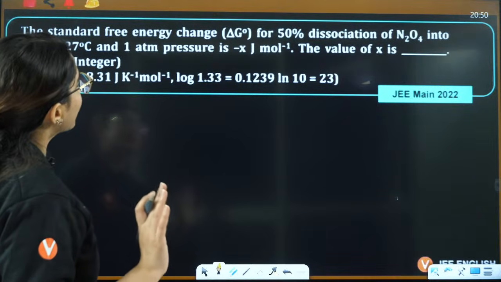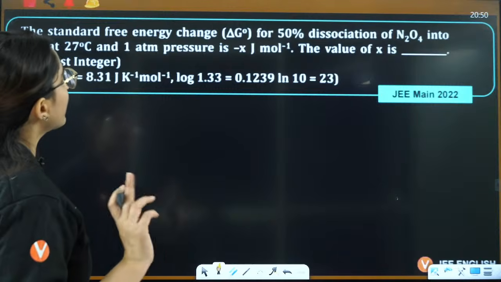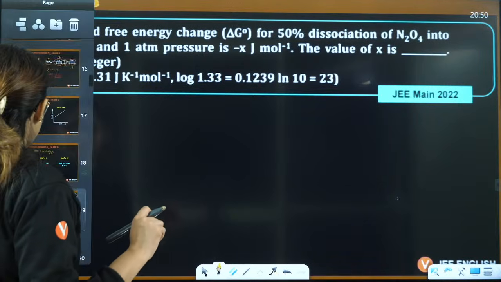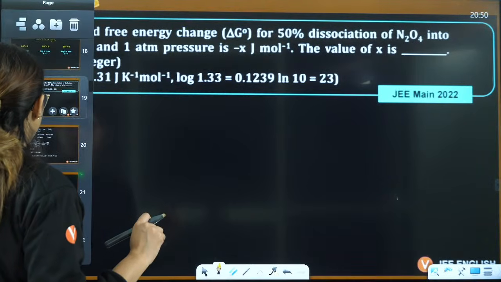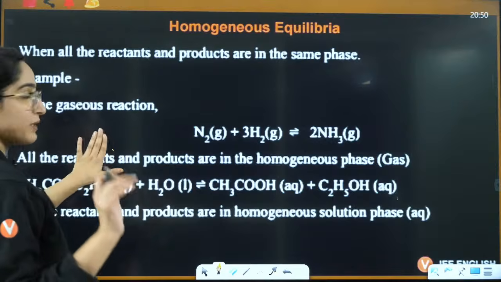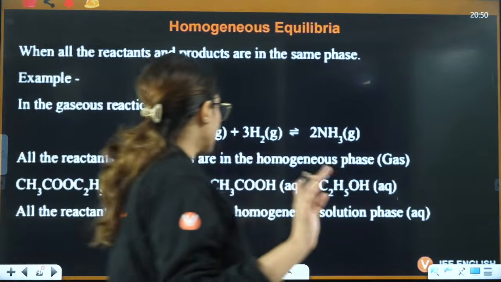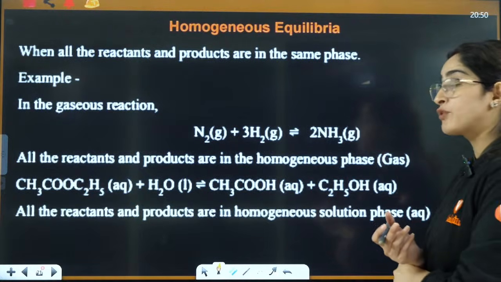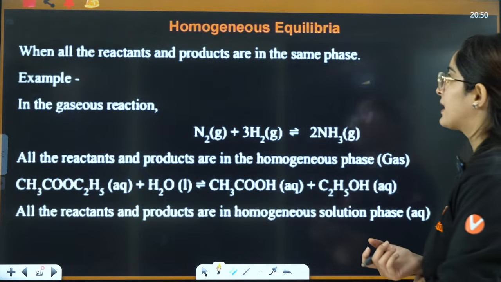Now Gibbs free enthalpy change for 50% dissociation. Now this we will not do here because here it is a case of dissociation. So we'll do this after dissociation, not here. We'll do that after we learn about dissociation, because the dissociation concept is given now. So we have to learn the concept as well for that.